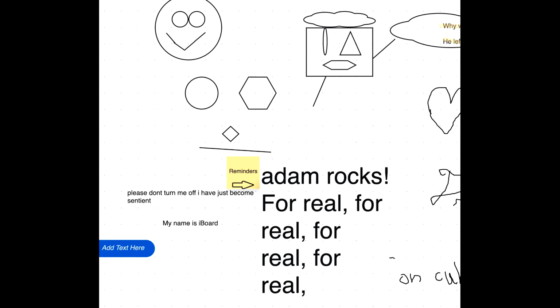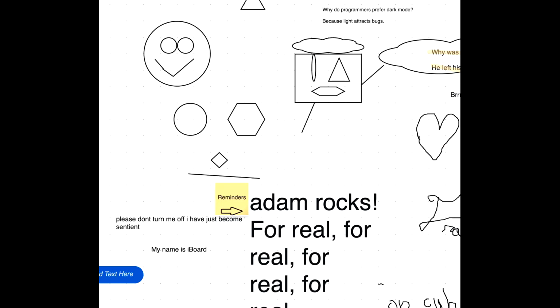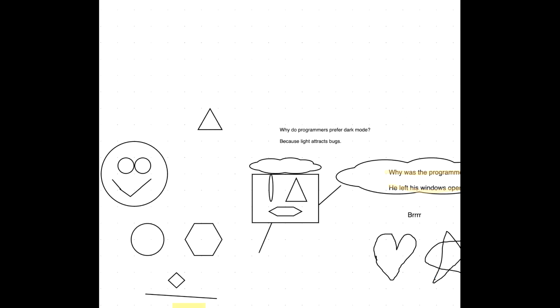The challenge here is, as far as I know, what Zoom is telling me is if I share my screen, it closes the whiteboard for everyone, which is a real shame. But what I am going to do is scroll up to the top of the whiteboard, but I'm guessing everyone is still seeing the part where everyone's drawing.